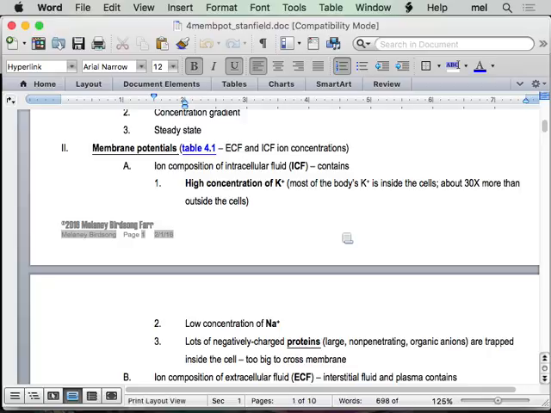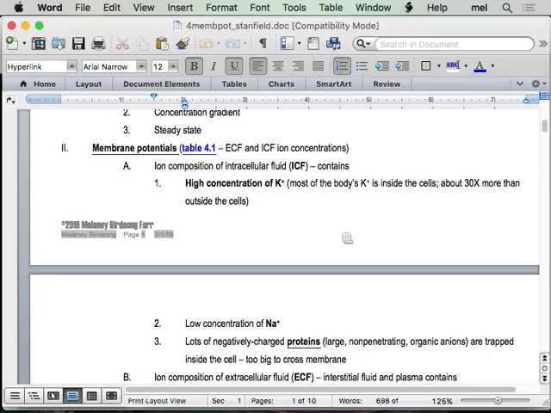Obviously the cell has lots of proteins, structural proteins and enzymes and all of that, and proteins tend to have a slight negative charge. They're trapped, because they're huge and you don't move them by accident. So they pretty much just stay in there. The primary source of negative charges, meaning the negatives that are revealed, is mostly the proteins on the inside.